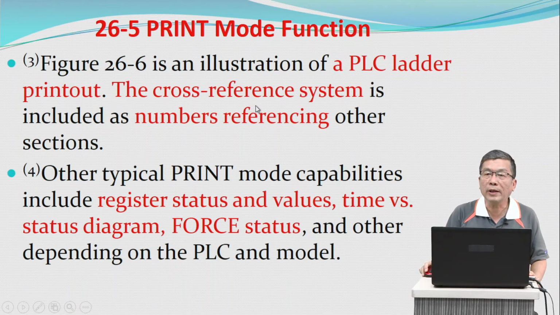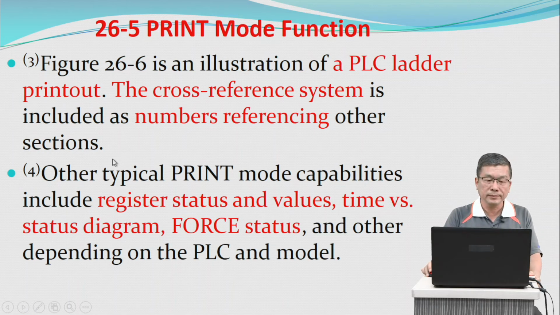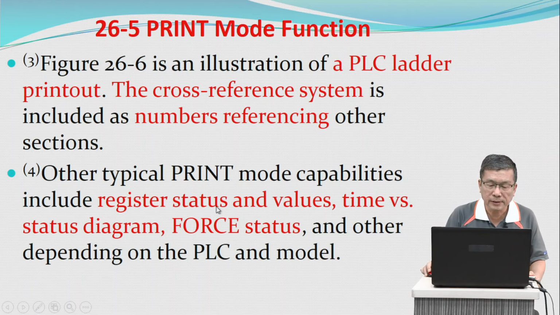The cross-reference system is included as numbers referencing other sections. Other typical printout mode capabilities include register status and values, time versus status diagram, false status, and others depending on the PLC and model.